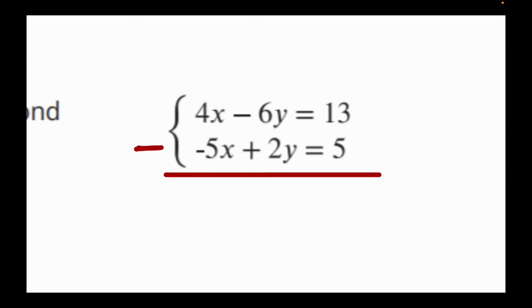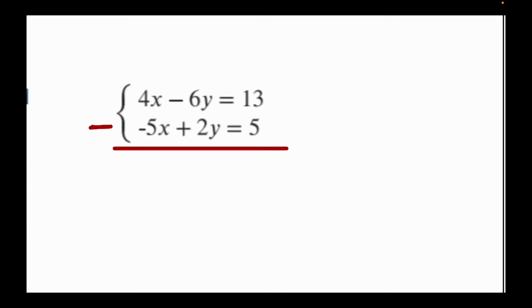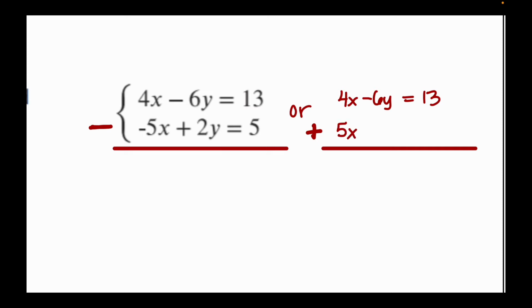Now, I'm actually going to go through and do the subtraction, but you can think of this as, we'll say, or. So you could do this as 4x minus 6y equals 13. And we can do this as plus, but we're going to change all of the signs first. So this will be plus, and then instead of negative 5x, we're going to have positive 5x.